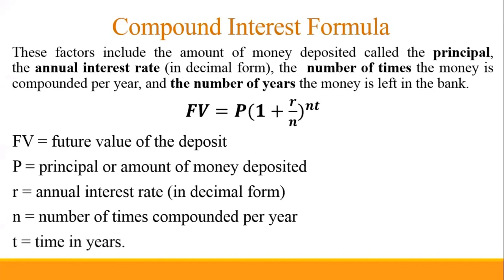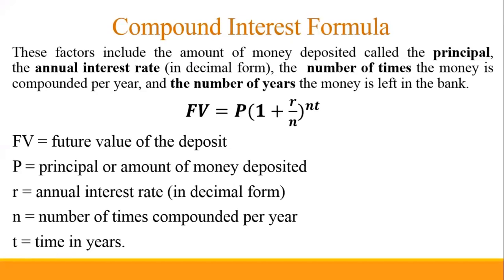To solve these interest problems, we need to take this information and plug it into the compound interest formula and solve for the missing variable. The method used to solve the problem will depend on what we are trying to find.